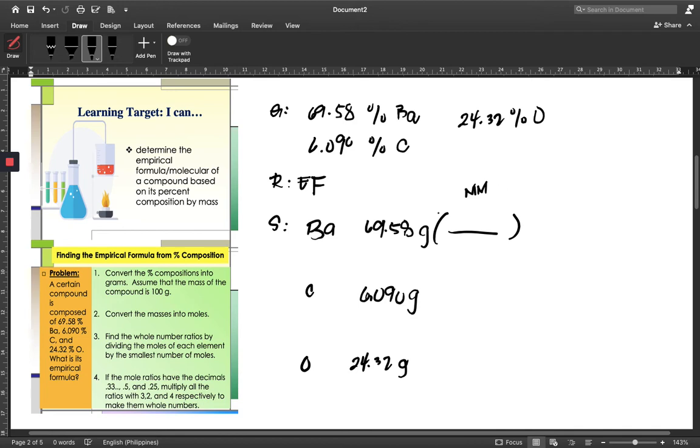The molar mass of barium is 137.33, and we need to find a way to cancel grams. So 137.33 stays as our denominator so that we will be able to cancel. The unit here is grams, and on top is 1 mole.